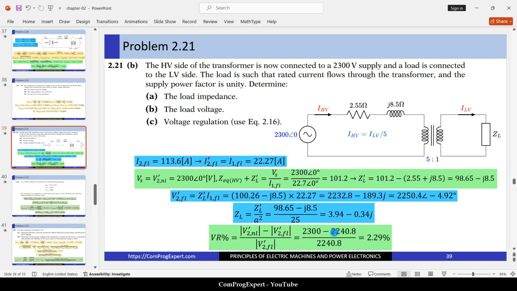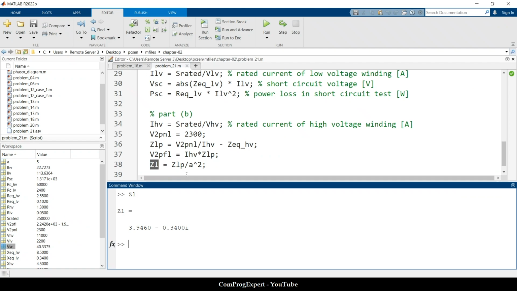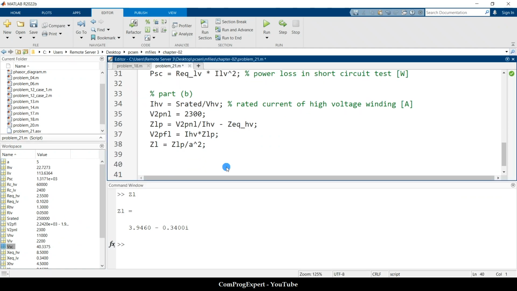And finally, we can calculate the voltage regulation. This is the equation to calculate the voltage regulation: V2 prime no load minus the absolute value of V2 prime full load, divided by the absolute value of the V2 prime full load, the amplitude.